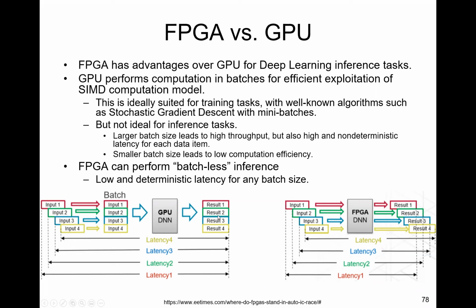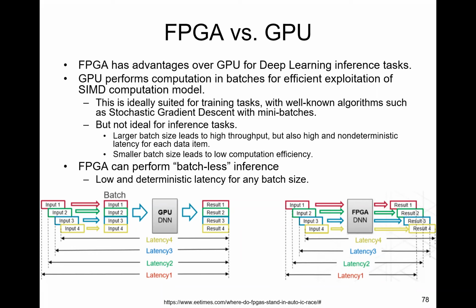Especially if you have a large batch size, it leads to high throughput, but also high and non-deterministic latency for each data item. Whereas if you use smaller batch sizes, it leads to low computational efficiency because GPU has so many parallel elements. If you have small batch sizes, the computing engines are not used efficiently.